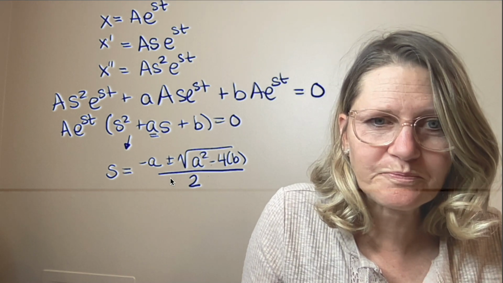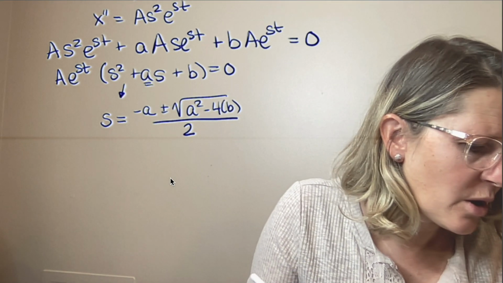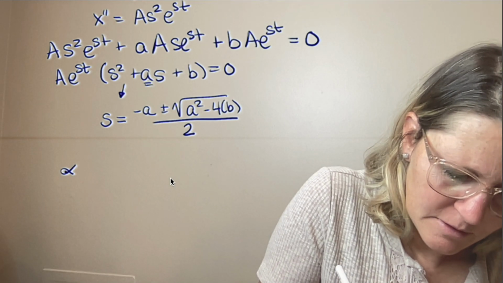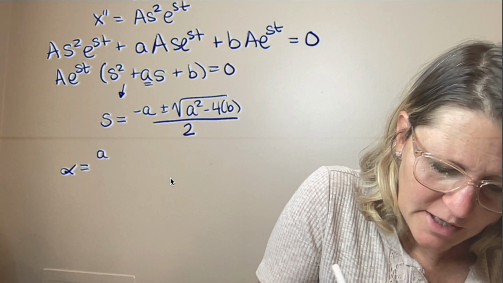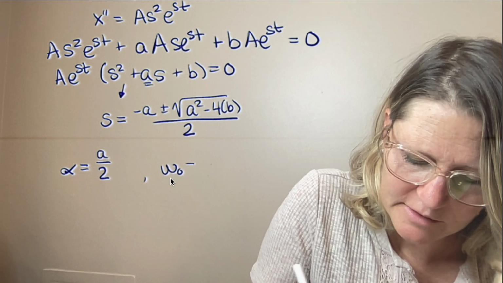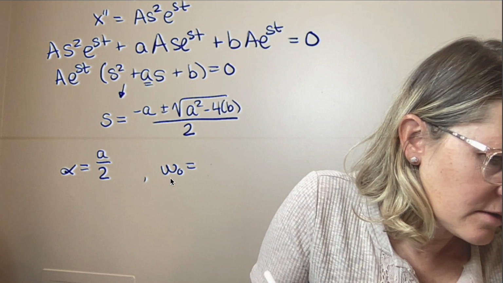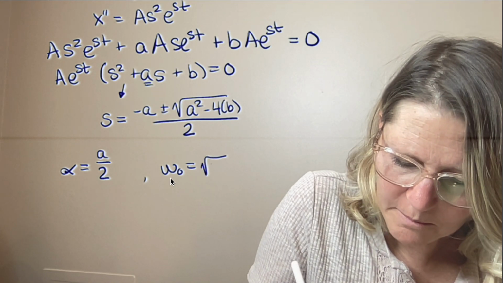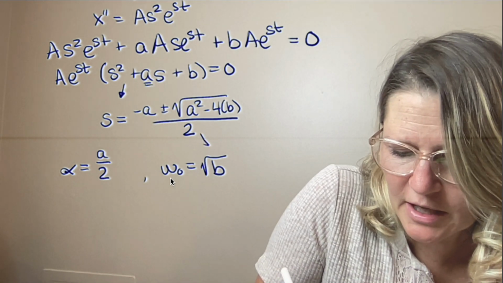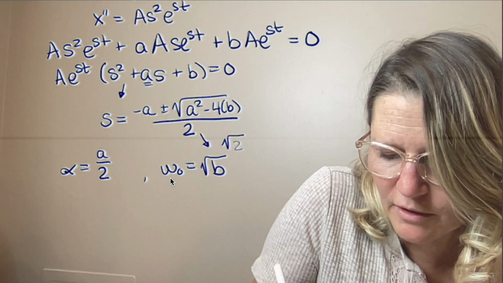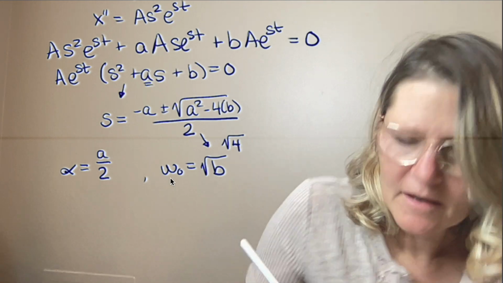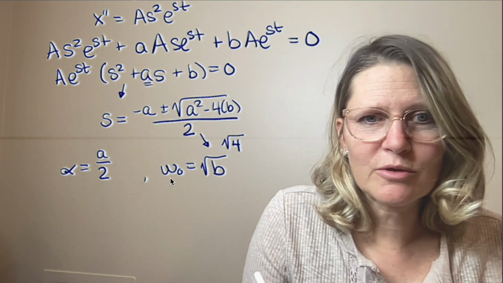So over 2. And so what I do here is call alpha, which is A over 2, and then I'm going to call omega naught the square root of B. Remember, 2 can also be written as the square root of 4.